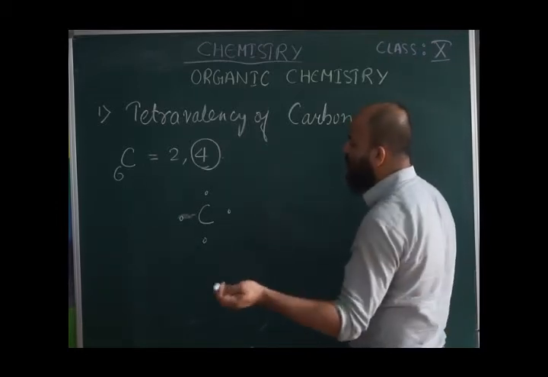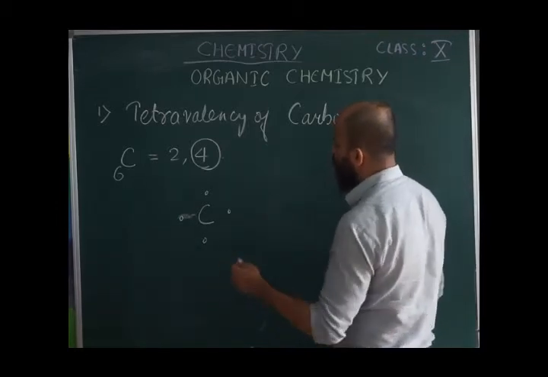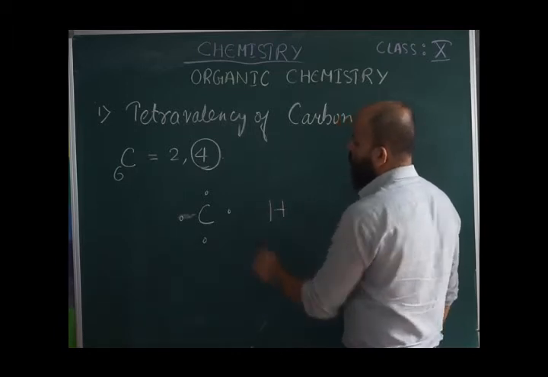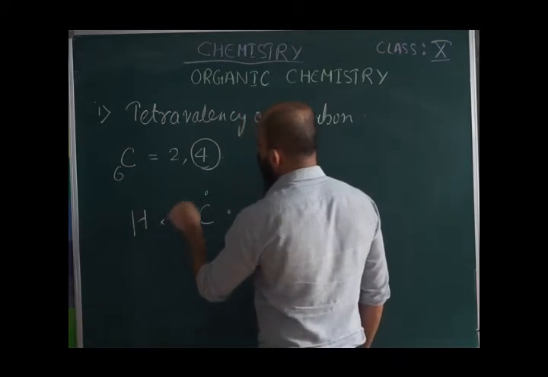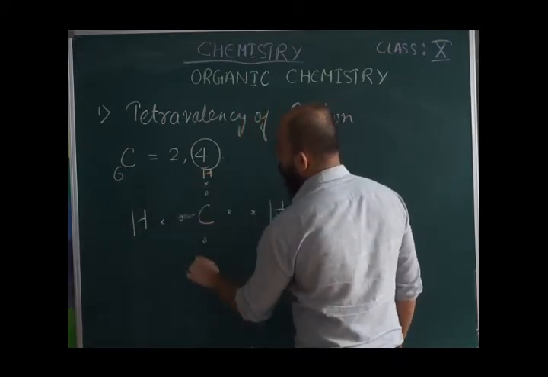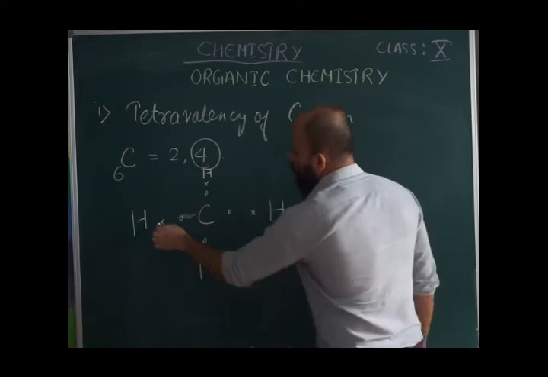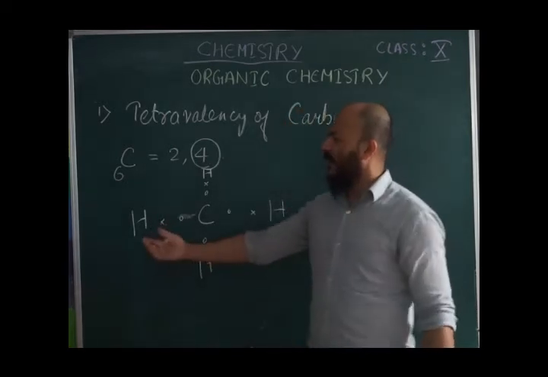Say some other atoms are present, say hydrogen, the simplest of all, it has 1 electron. 1, 2, 3 and 4. This cross sign is the electron of each hydrogen.